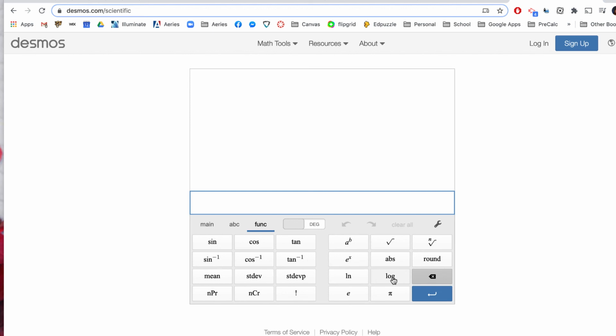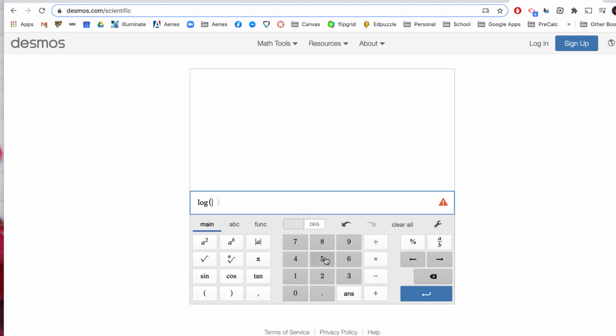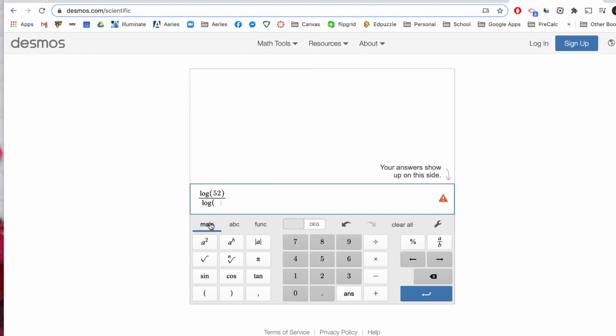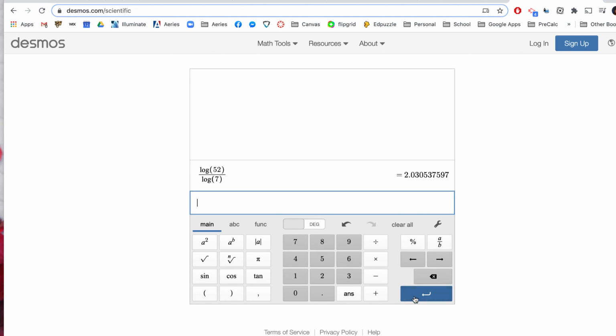So then you can type in that you're taking the log of 52. So we have to go back to the main to say 52. And then we're going to go outside the parentheses and then divide by the function of the log of main number 7. And then you can hit enter, and it gives you 2.03.